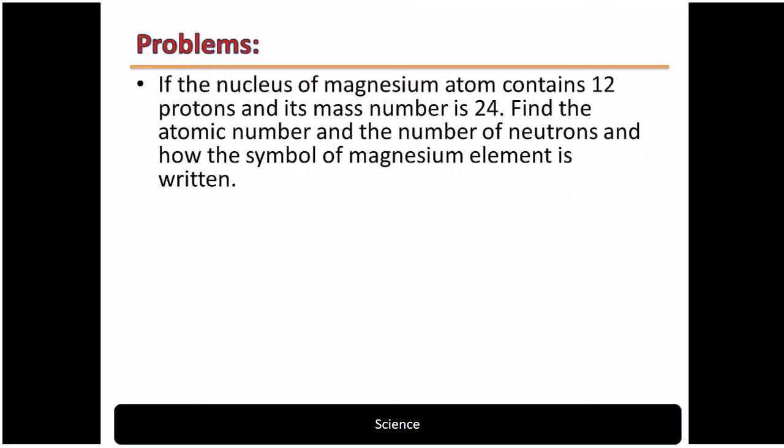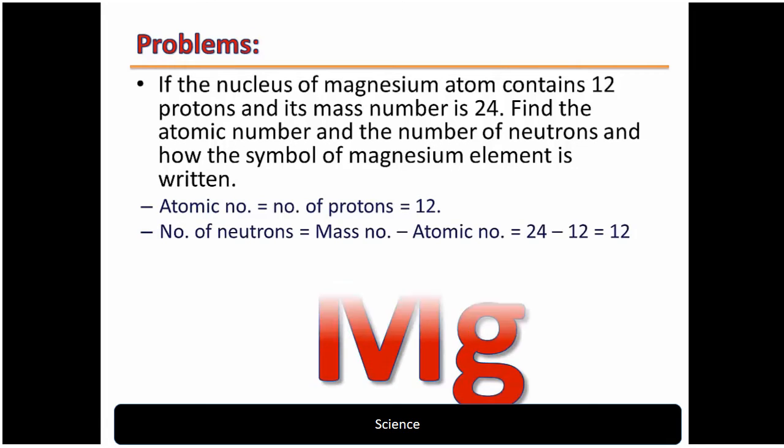Another one. If the nucleus of a magnesium atom contains 12 protons and its mass number is 24, find the atomic number and the number of neutrons and how the symbol of magnesium is written. Atomic number equals number of protons equals 12.